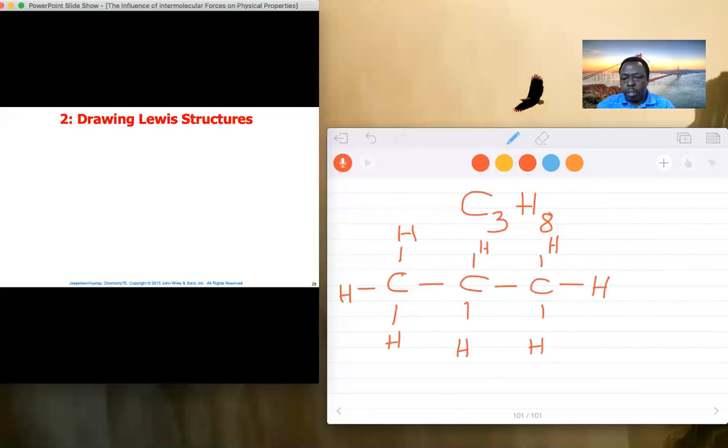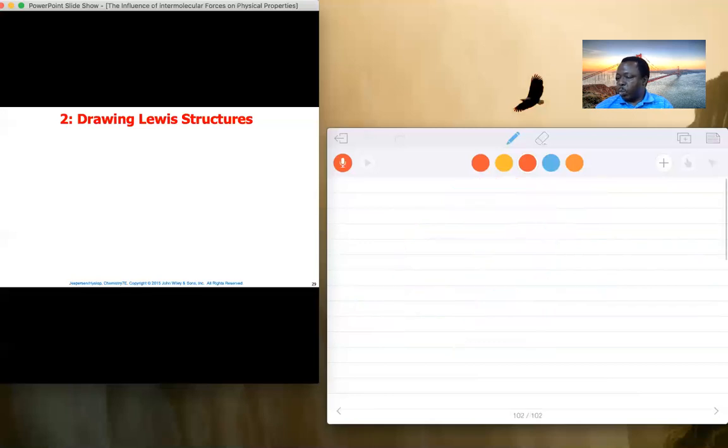It's because carbon forms 4 bonds, and each one of them in this example has 4 bonds. From the chemical formula, I have 8 hydrogens, and nothing remains. So this is the dot structure for propane.